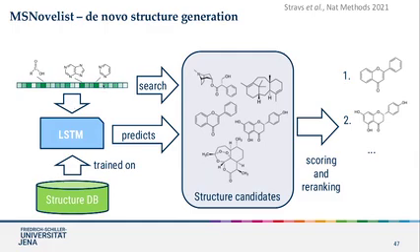And the special thing in MS Novelist compared to other de novo tools is it doesn't try to find the correct structure, but it just gives you a structure candidate list. So you can think of MS Novelist like, if there's no answer in the database, it generates a new database for you containing structures of this molecular formula which somehow agree with the predicted fingerprint.